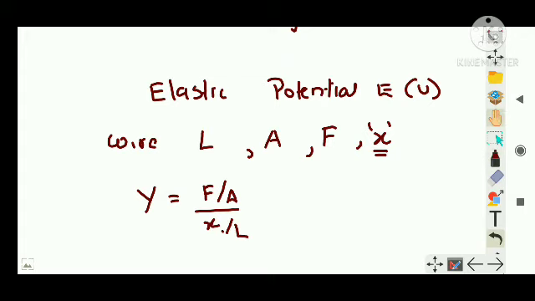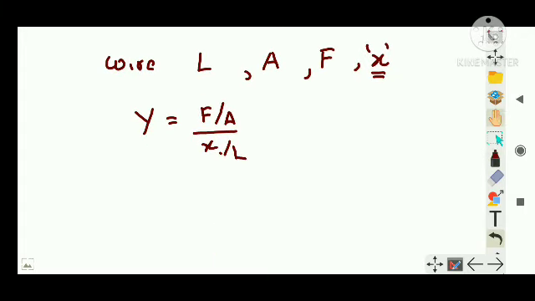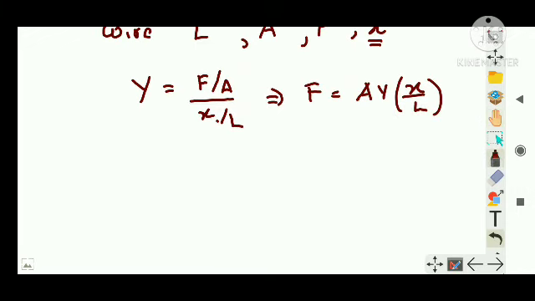So this much section I hope you have understood. I'm going to rearrange this equation so that I can write F is equal to AYX by L. I require this term later on.